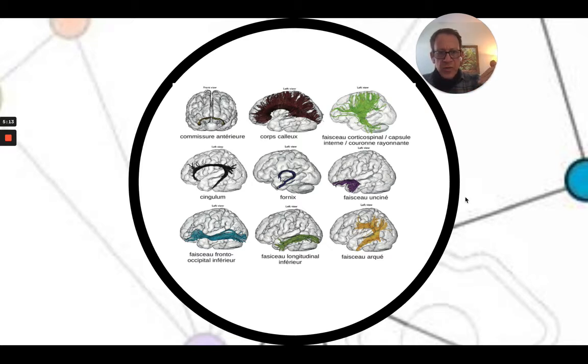There is also a superior longitudinal fasciculus that goes above that, that's not pictured here. And then there is the arcuate fasciculus, especially in the left hemisphere, that connects speech and language centers of the brain. So there are many more, but it's important to understand these linkages and these known networks.